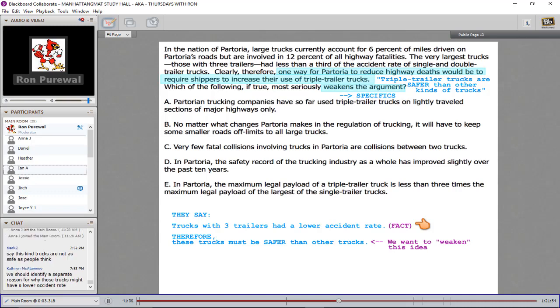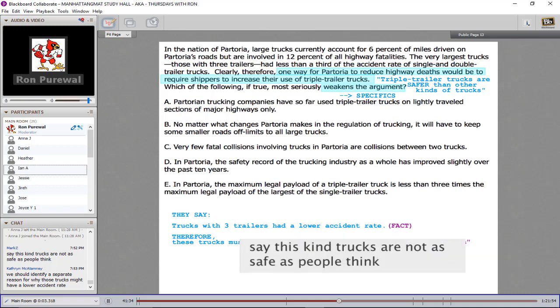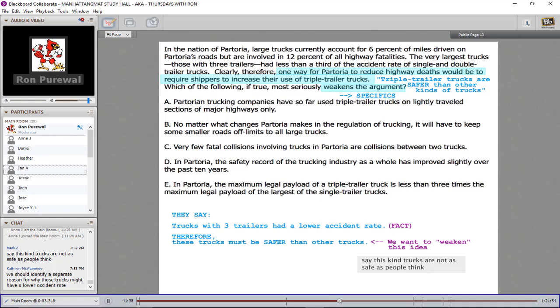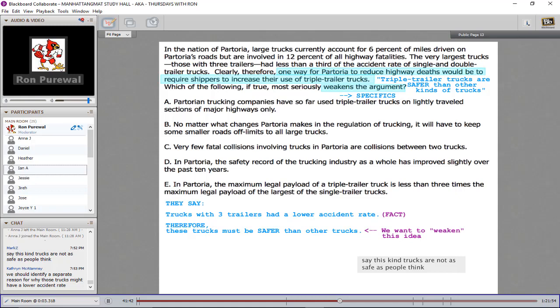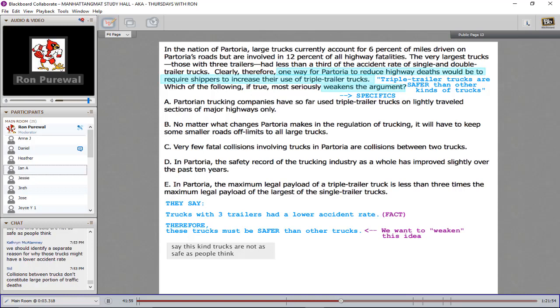Yeah, what Catherine said is exactly correct, so we'll get there in a second. But first, let me address this, because this is kind of the problem that people have with these problems sometimes. This is not what these arguments are going to do. First of all, they don't contradict themselves.